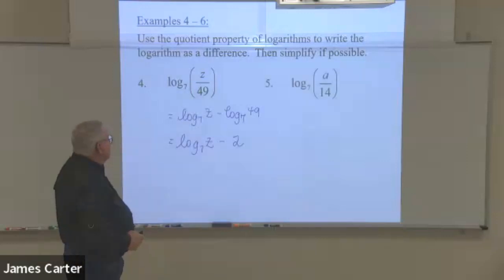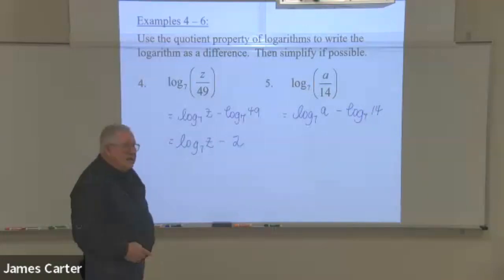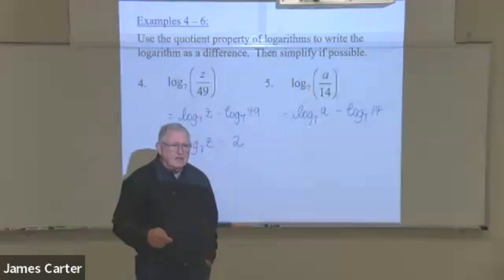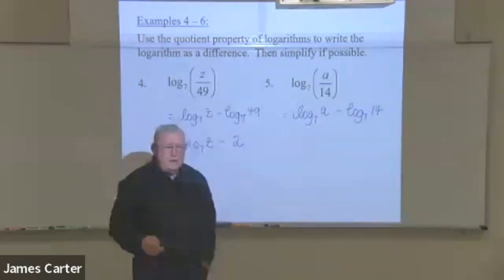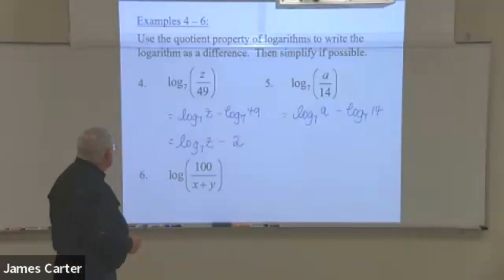Okay, log base 7 of a over 14. So we have log base 7 of a minus log base 7 of 14. Is there anything that 7 can be raised to the power of to get 14? Well, no. In that case, we're done.